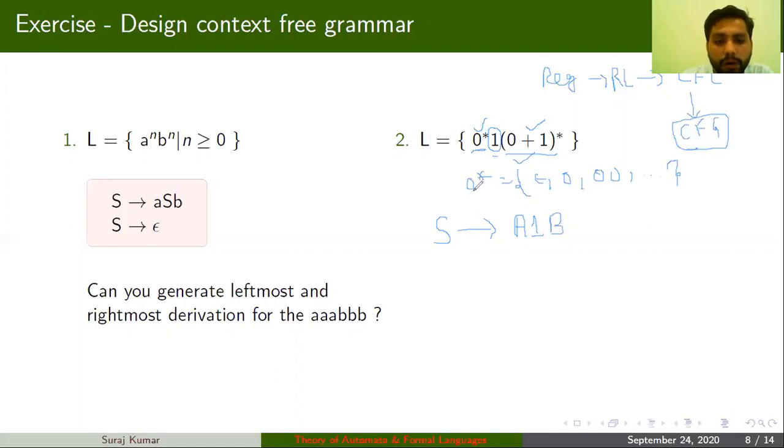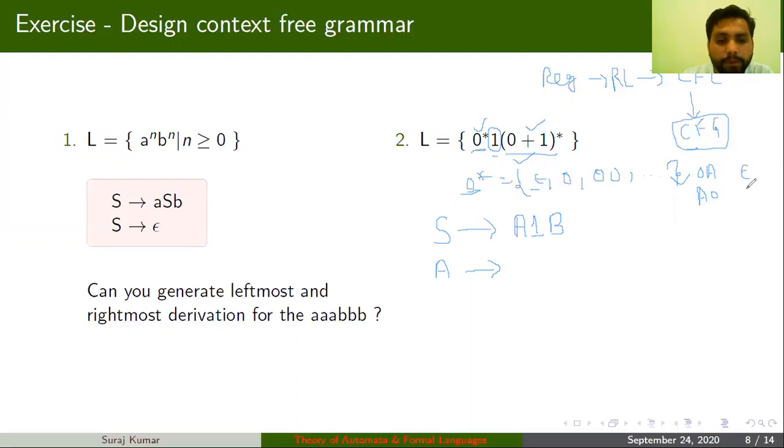Now I have replaced this 0 star with A, so I should write the rule corresponding to it. How can I generate the various strings? If you look for the recursiveness here, you can write either 0A or A0, or to generate epsilon you can replace A with epsilon.